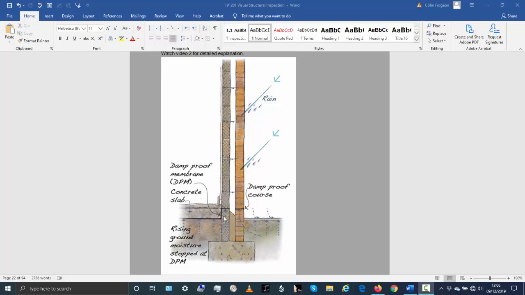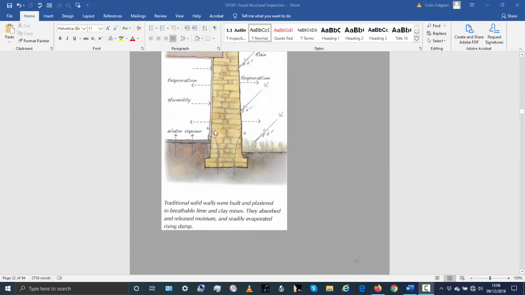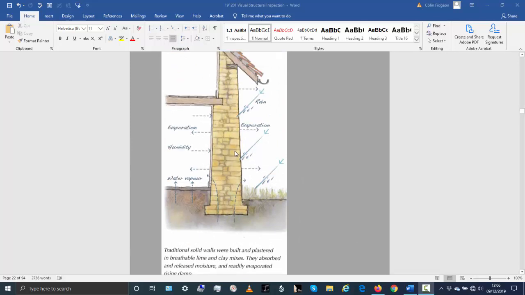So you have a complete barrier the whole way around, which stops moisture coming in. And this system probably works slightly better than the older system, because sometimes you can get slight damp problems with the old system.